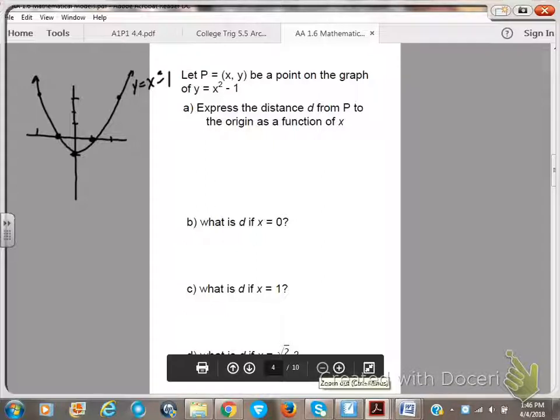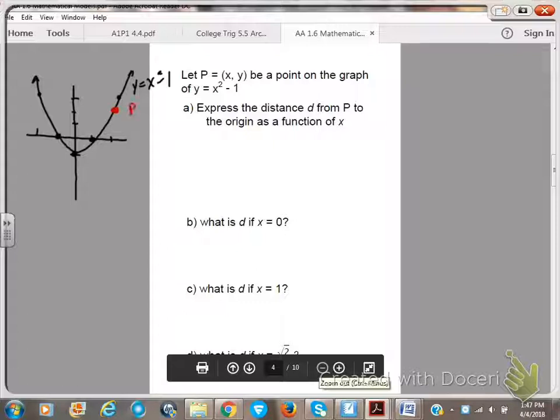What we're being asked to do is to express the distance from a point P to the origin as a function of x. Now, P is just a random ordered pair. Do we know exactly where on the graph this ordered pair is? No, so I'm just going to say it's right there.